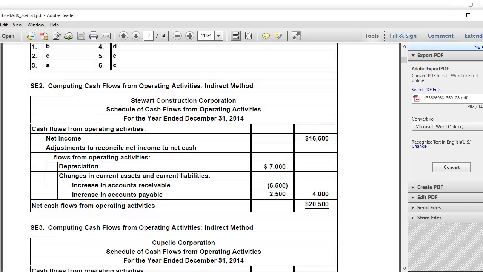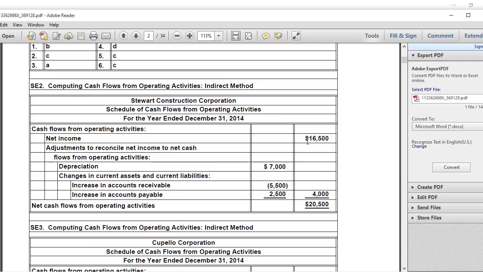Then we are going to, as you see here, make adjustments to reconcile net income to net cash flows from operating activities. The depreciation that we took on the tax return decreased our net income, but we really didn't use cash for depreciation.